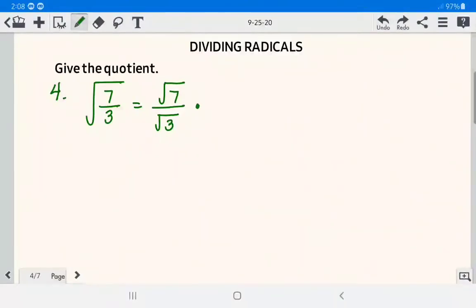So we multiply both the numerator and the denominator by the square root of 3 over the square root of 3. Then let us multiply radicand to radicand. We have 21. So the square root of 21 over the square root of 3 times the square root of 3. That is the square root of 9, or simply 3.